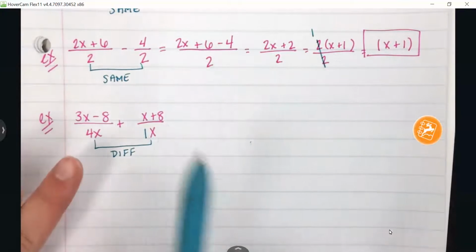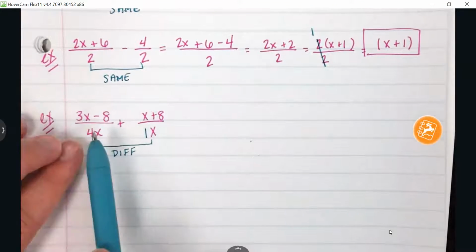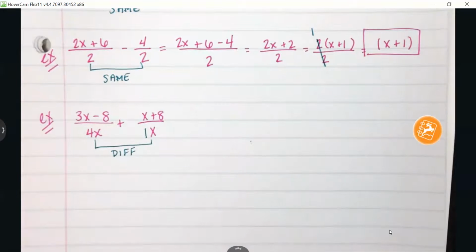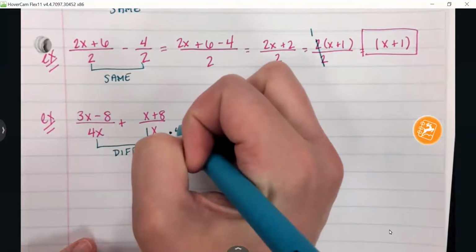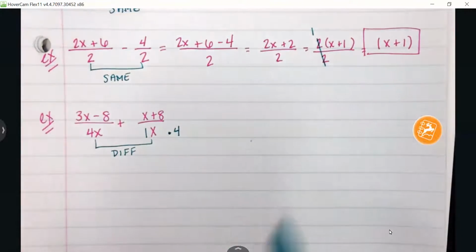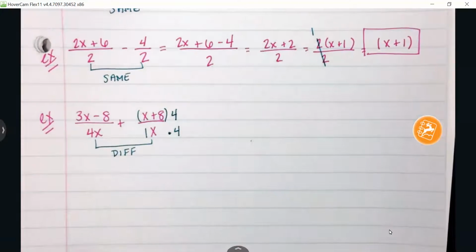Or let me ask it this way. How can I make my 1x look like my 4x? What can I do to it? Multiply it by 4, okay? So if I multiply my denominator by 4, I have to multiply my numerator by 4.